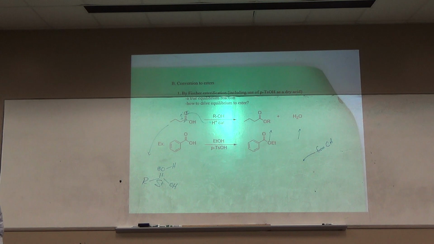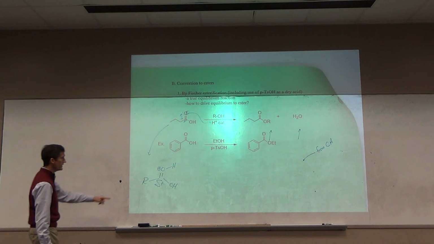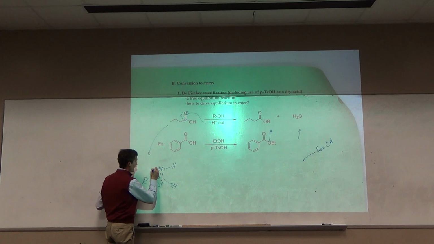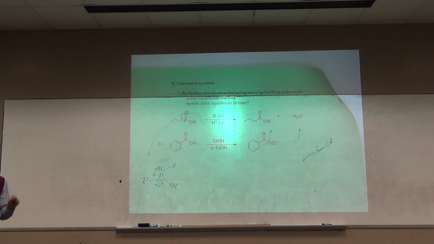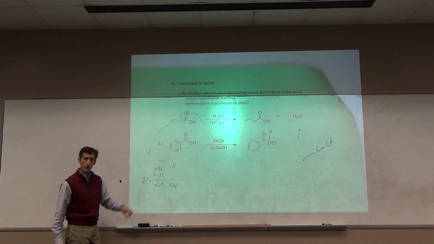Why? You could say resonance. Which oxygen is going to pull more on the carbon, a neutral oxygen or a positive oxygen? Positive oxygen. The oxygen's like, hold on, I don't want to be plus. Carbon, you're going to have to give me some electrons. Come on now. It's going to pull even more. Protonation of the carbonyl makes the carbonyl carbon more electrophilic.